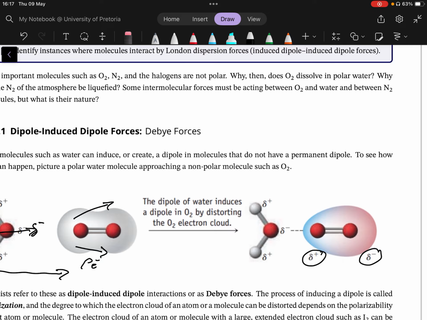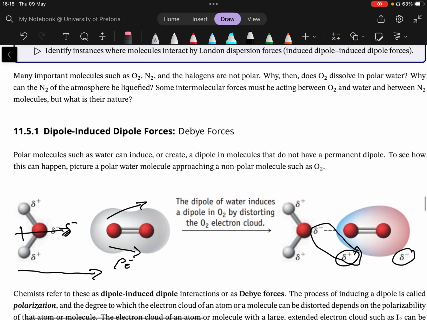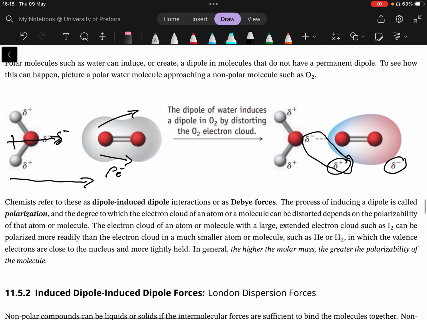So we end up with a positive charge on the left because we've pushed away the electrons to one side, and a slightly negative charge on the right. Then there's allowance for an interaction because one side is now positive and our water molecule is slightly negative. That's why it's known as a dipole, so water induces a dipole in a non-polar molecule.